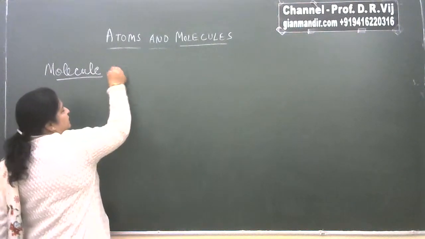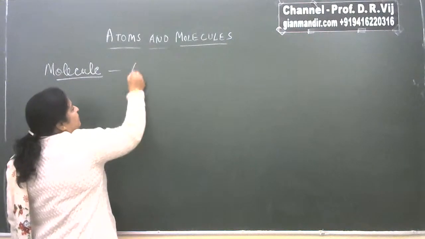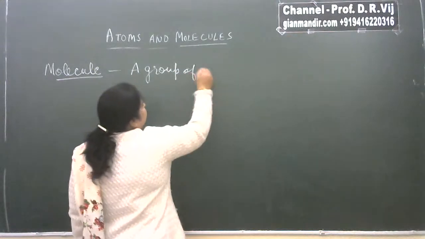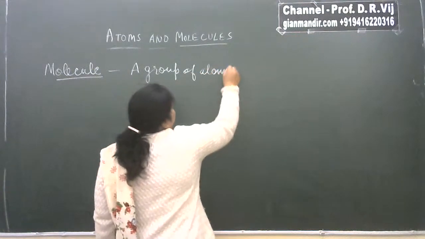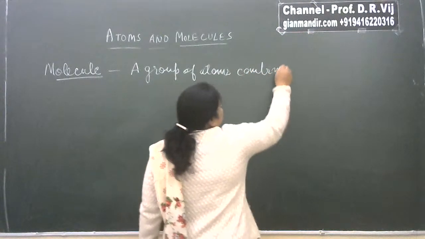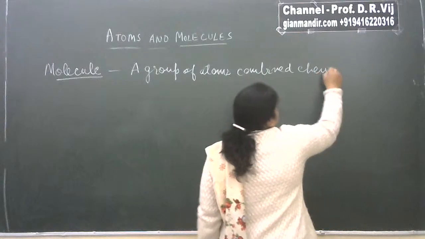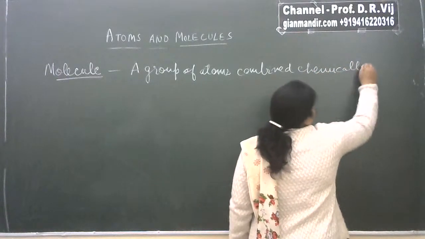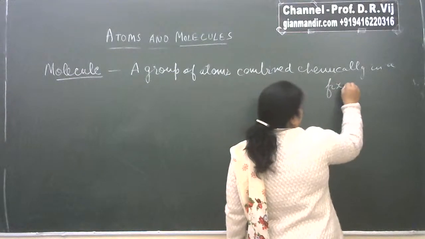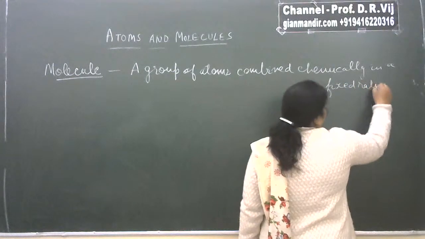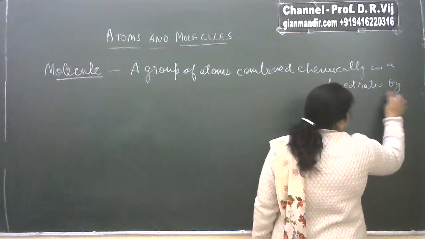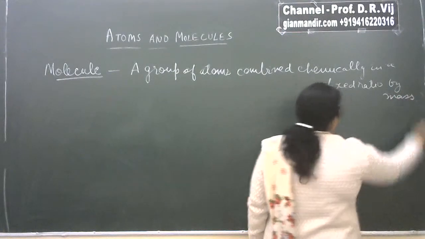As we have already seen in previous lectures, a molecule can be defined as a group of atoms combined chemically in a fixed ratio by mass, right?